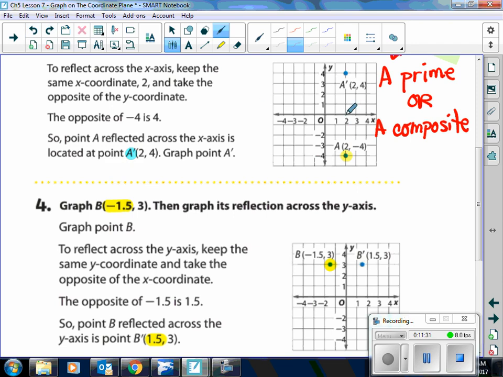If I count to see how many units away the composite point is, A composite, that's also 1, 2, 3, 4 units away. Is everybody clear with that? Same thing with B and B composite. Here B is 1 1/2 units away from the y-axis, and B composite is also 1 1/2 units away from the y-axis in the opposite direction.